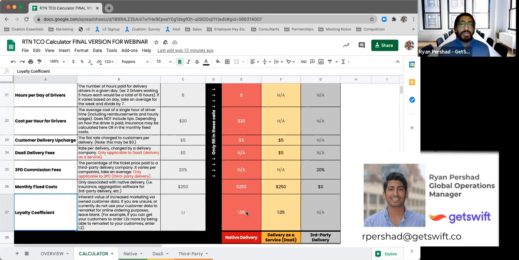Investing in native delivery is kind of like investing in the stock market. You're getting a compound return: over time you get more customers into that funnel, they're ordering more frequently and ordering more, so that revenue line trickles up and to the right. That's the big payoff at the end of the day.